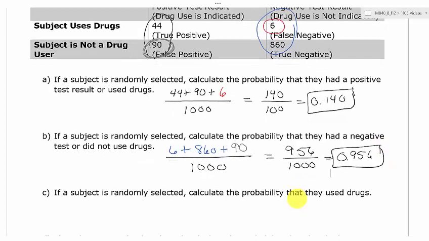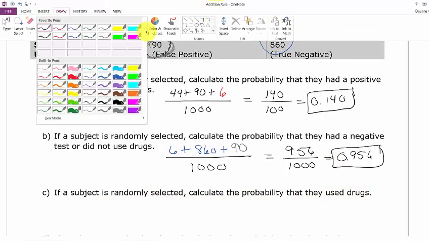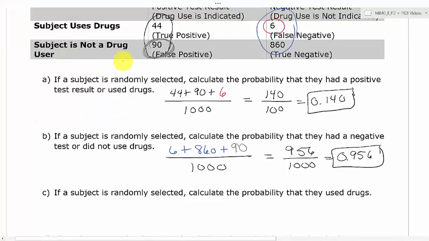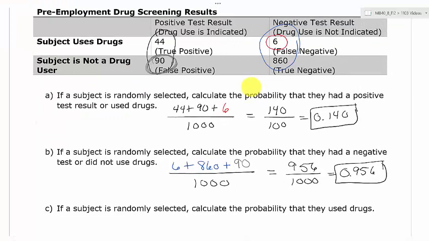The next example, if a subject is randomly selected, calculate the probability that they used drugs. So for the probability that they use drugs, so used drugs is the first row of the table, so we want to choose those people.